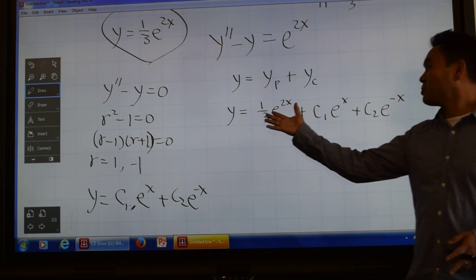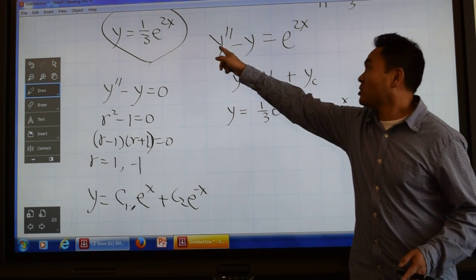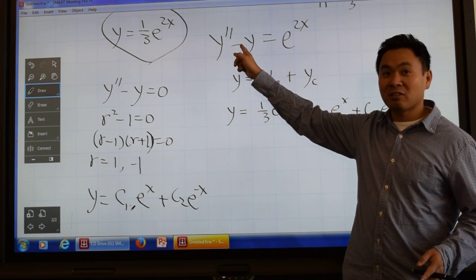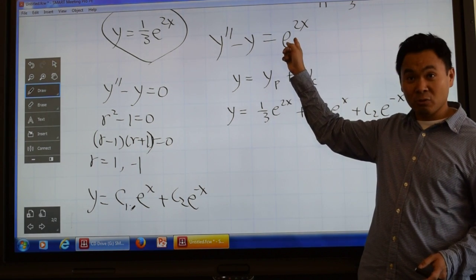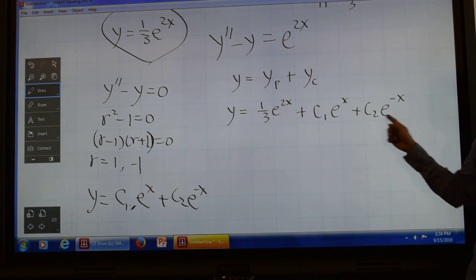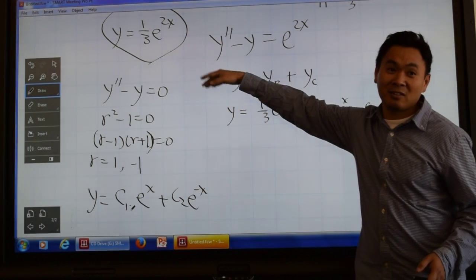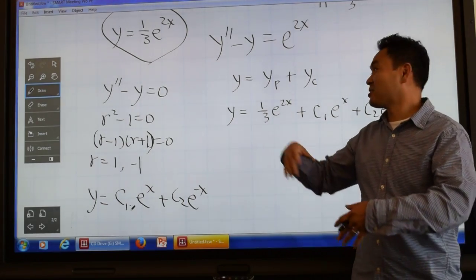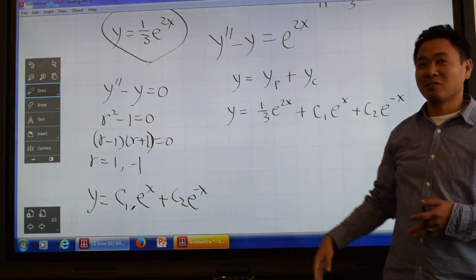Because if you plug this entire thing on the left side, this one will get calculated and get subtracted, and what's this going to create? e to the 2x as you want, right? But all these guys, when you plug into the left side, are going to get killed during the differentiation and minuses, and it just goes away.